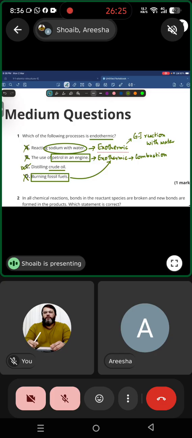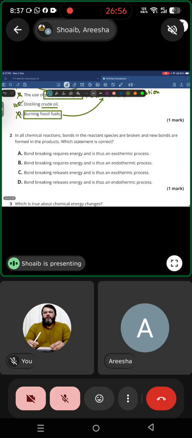So heat energy is required to heat up the solution. The crude oil is a solution of different components. They come out in the form of vapors, and they cool down and are separated from the crude oil. Got it? So first the reaction starts with the endothermic. Later on it's exothermic, but first the reaction is the endothermic reaction.